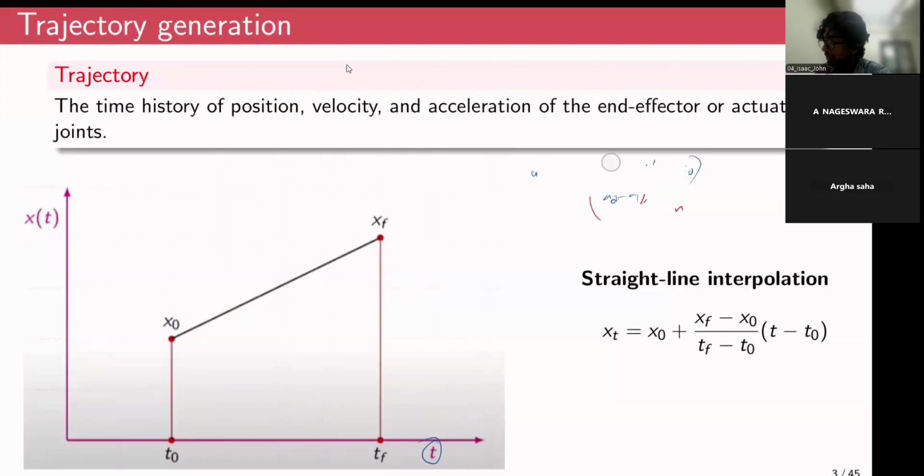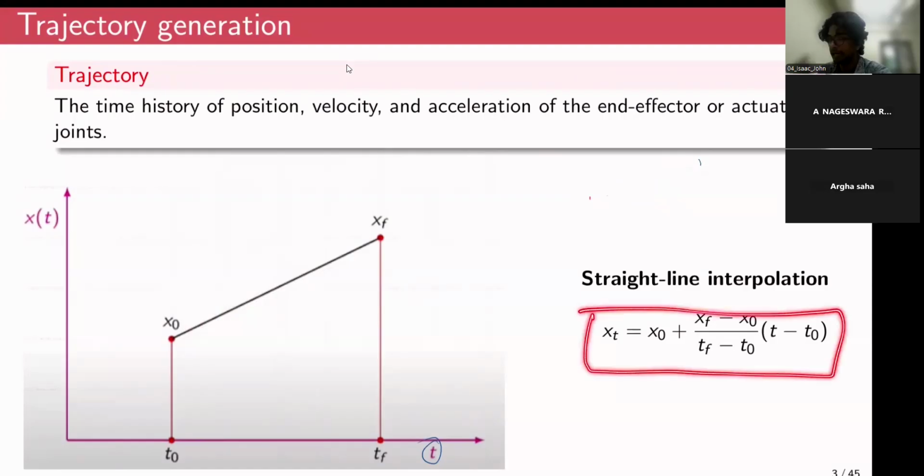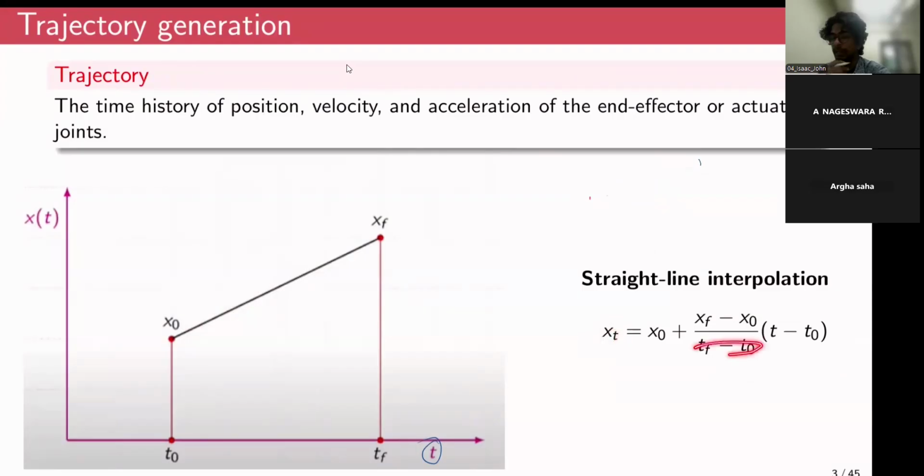Exactly similar to those principles, we have this equation of a straight line, but in this case your dependent variable is x and your independent variable is the time axis.